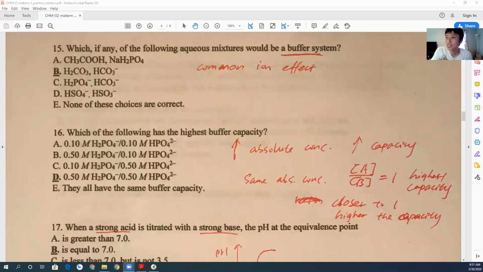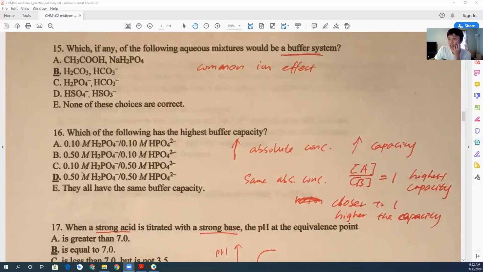Number 16, which one of the solutions has the highest buffer capacity? For buffer capacity, we look at two things. First is the absolute concentration, the magnitude of the concentration.